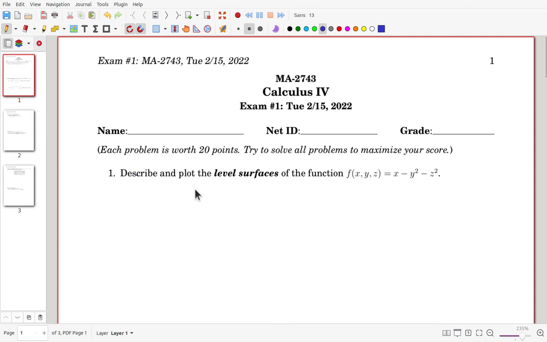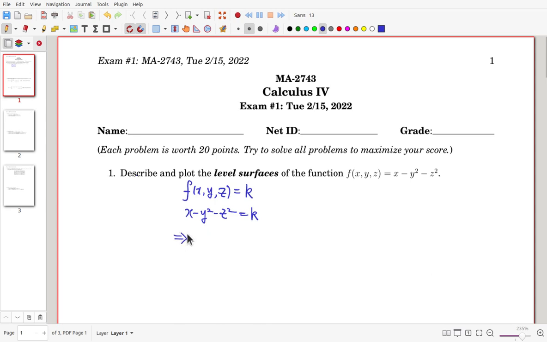By definition, a level surface is made from this equation, f of x, y, z equal k for some constant k. F of x, y, z is given in this way. So we have x minus y squared minus z squared equal k.